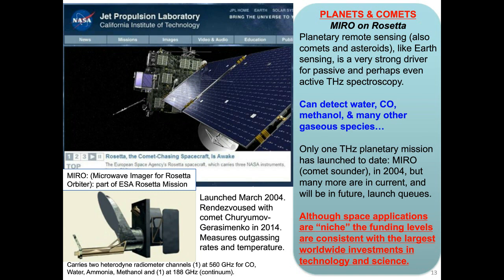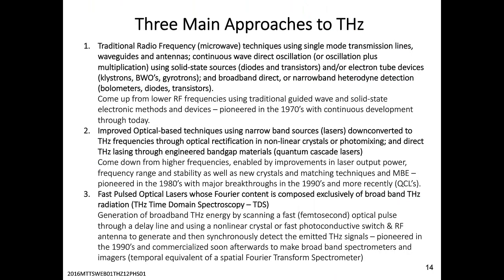Okay, so with that in mind, now let's look at something a little closer to home and talk a little bit about the approaches and what we might be able to do with terahertz if we're not interested in astrophysics. So I would sort of classify the approaches to doing terahertz instrumentation with three major thrusts.